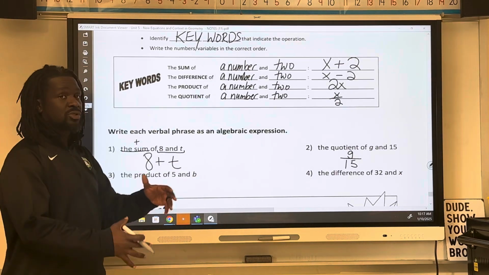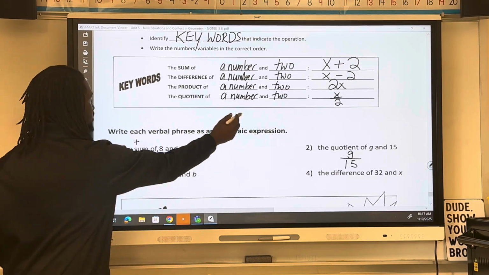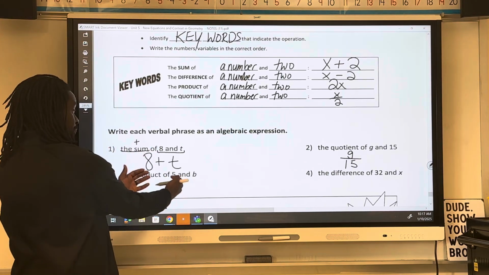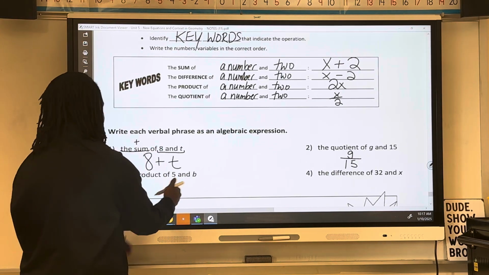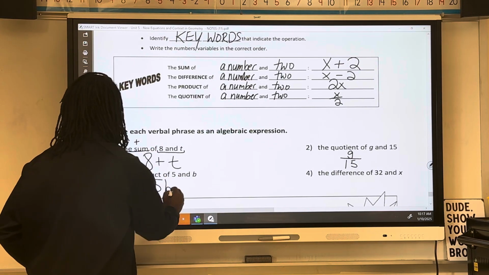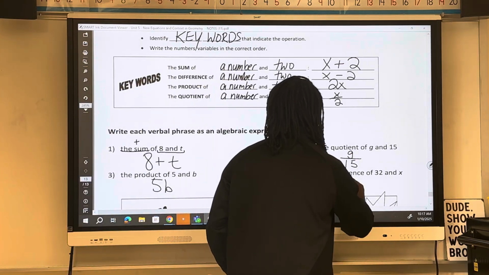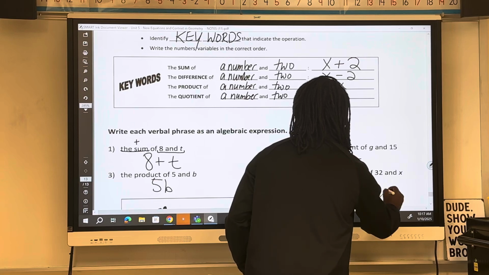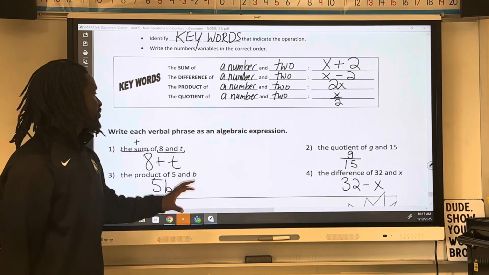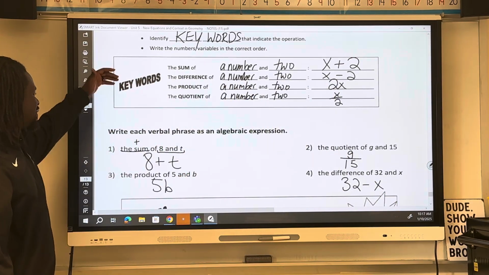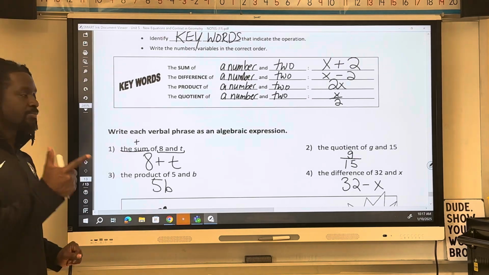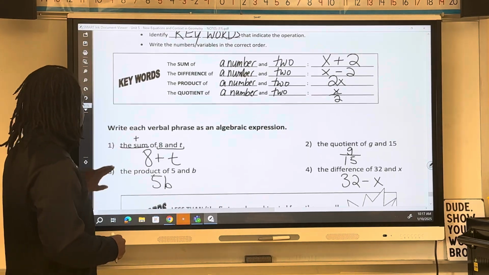Product is the answer to a multiplication, so I'm going to multiply 5 and b. So it just would be 5b. And then the difference, answer to a subtraction problem, so it is going to be 32 minus x. So there you have it with the first set of keywords: sum, product, difference, and quotient.